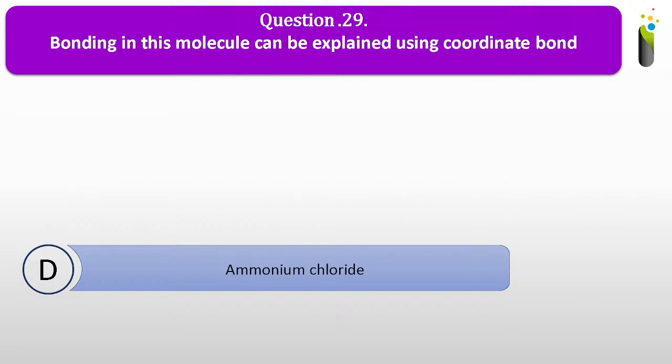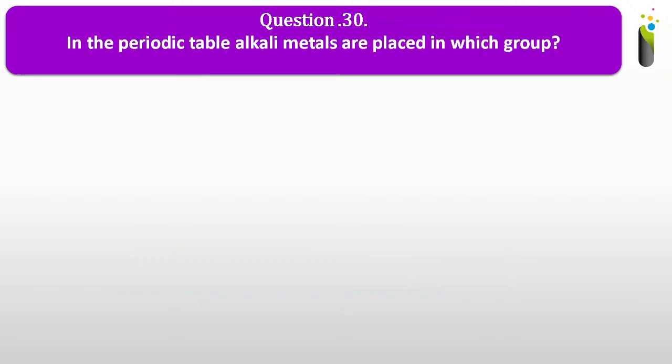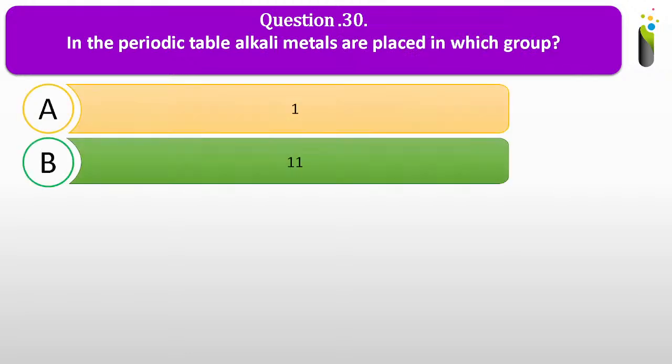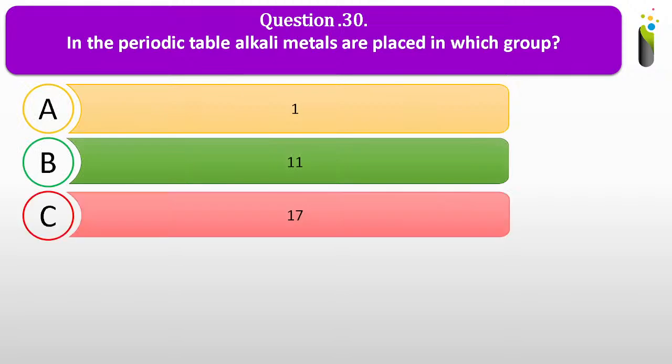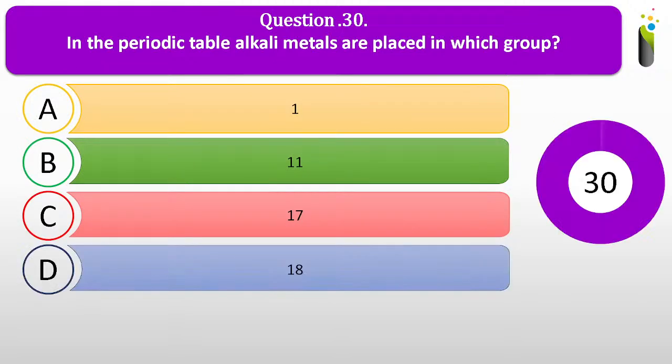So question number 29, the bonding in this molecule can be explained using coordinate bond, that is ammonium chloride. So going ahead with question number 30, in the periodic table, alkali metals are placed in which group? A 1, B 11, C 17, D 18.